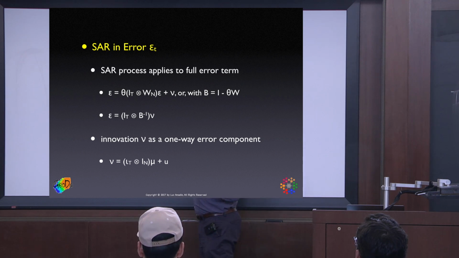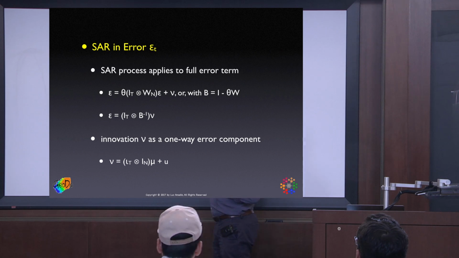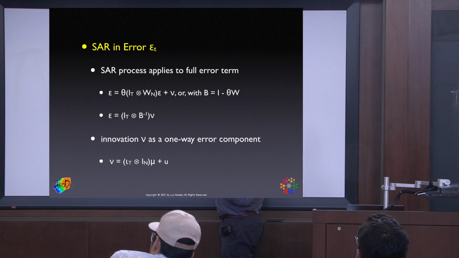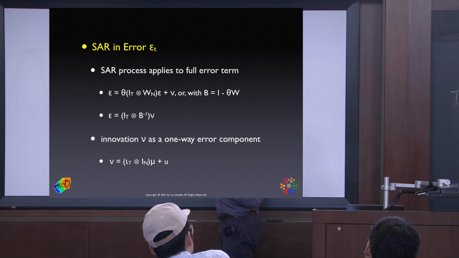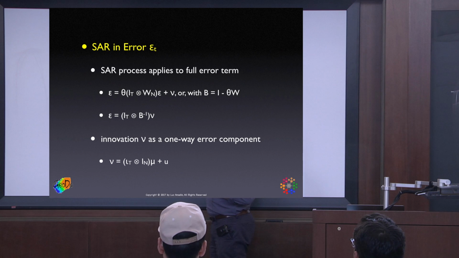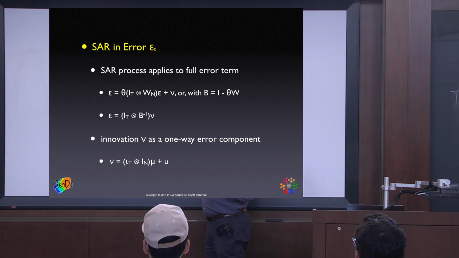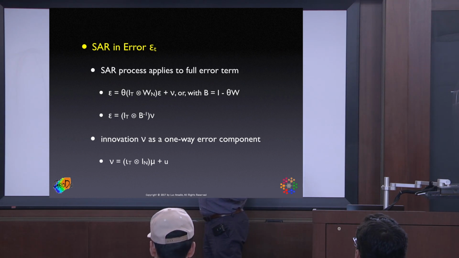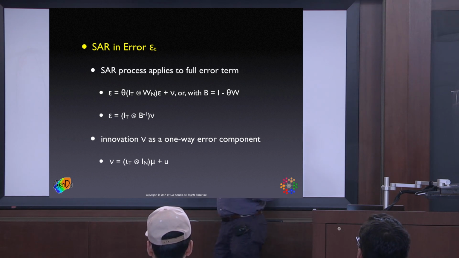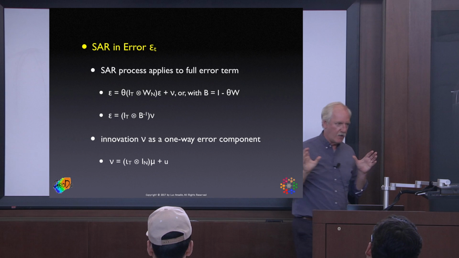It's with this Kronecker, same parameter in each time period, same weight matrix in each time period, and then a remaining error term. So then the expression is a little bit different because now it applies to this full error term, which in turn contains the random effect plus whatever else is left. So it's a little bit different way of thinking.